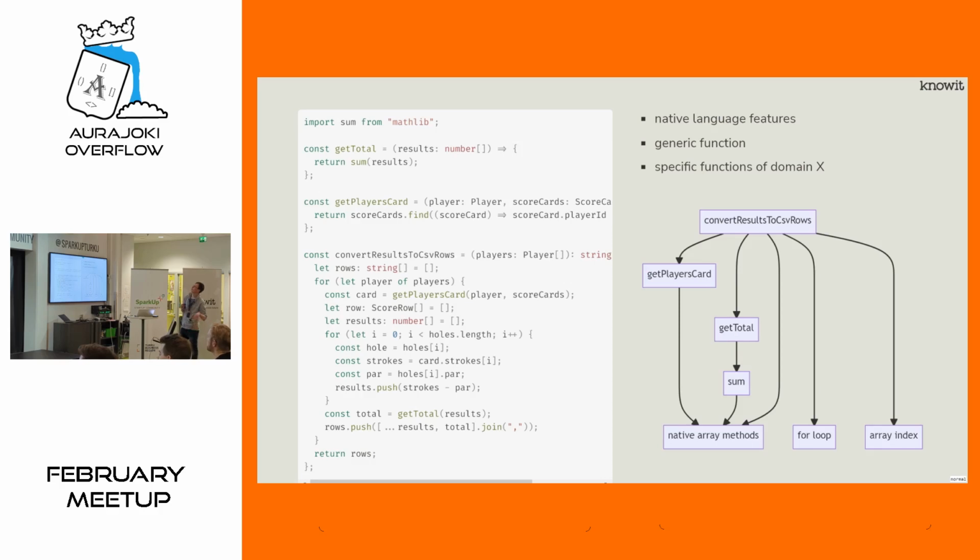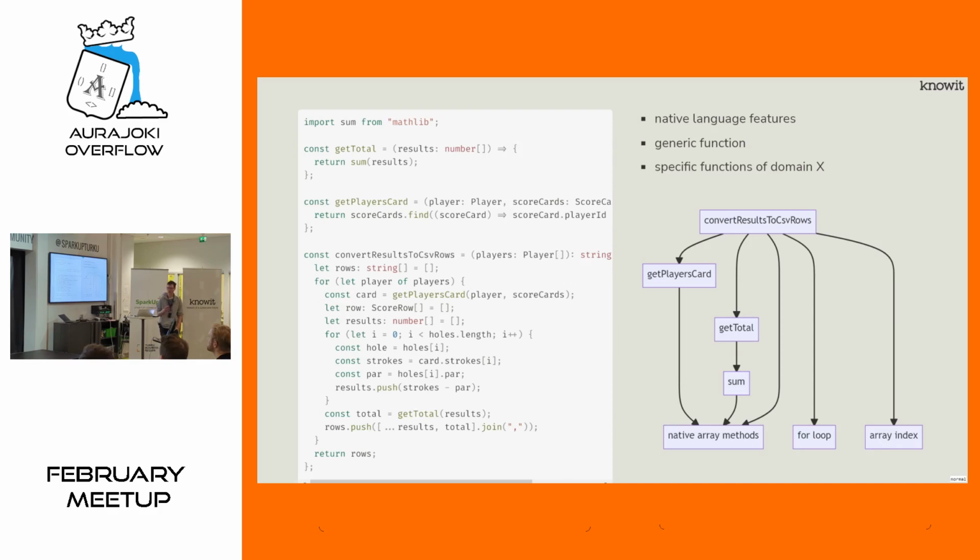We've got the lowest layer at the bottom which has those native array methods, for loops, array indexes, that kind of low-level stuff. Then on the topmost layer, we have the very specific function called getPlayersCard, and then we have the more generic functions on the level between these two layers. So that would be one way to look at this function.